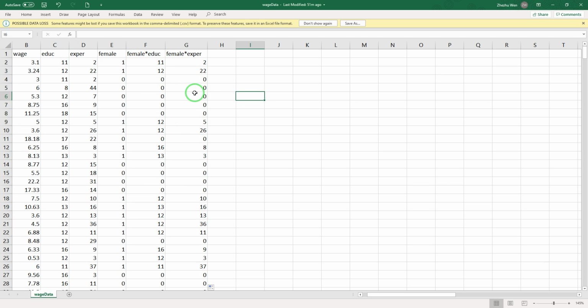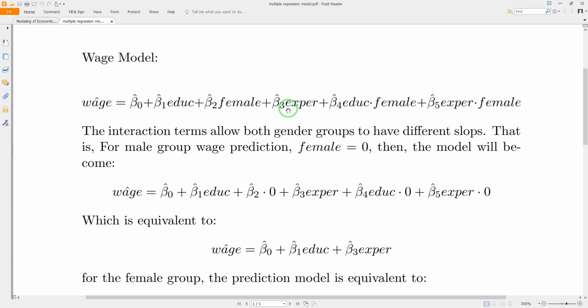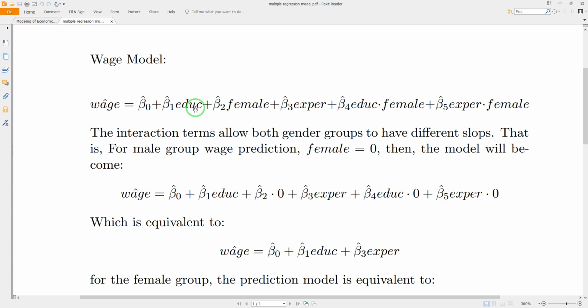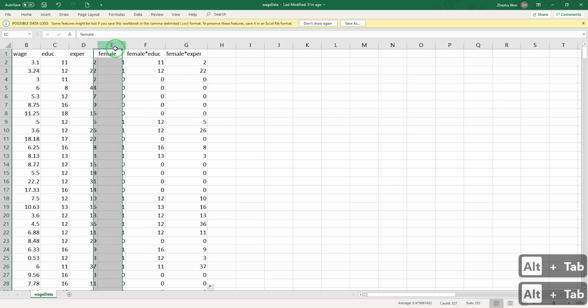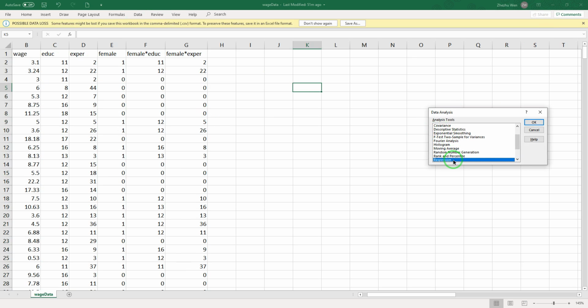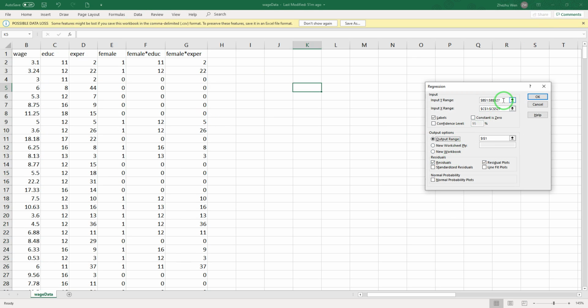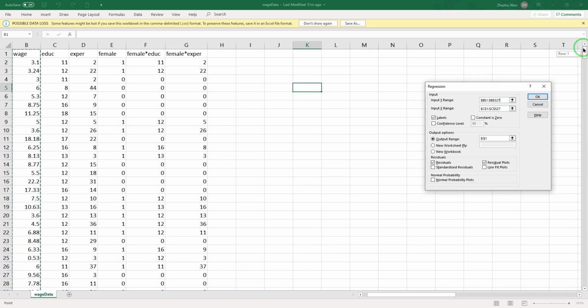So with this, all our independent variables are ready for us to model: 1, 2, 3, 4, 5. So we have exactly 5 different predictors here. Okay, so let's go. Regression. Do I have the correct range? Yes, exactly.